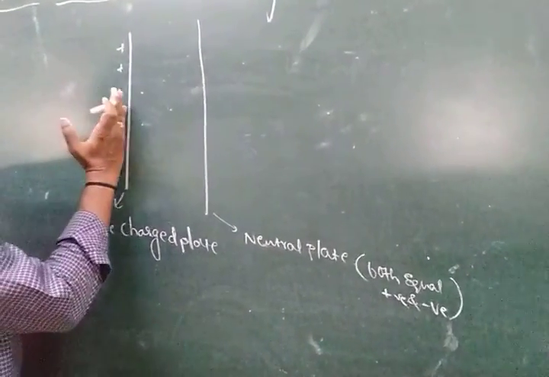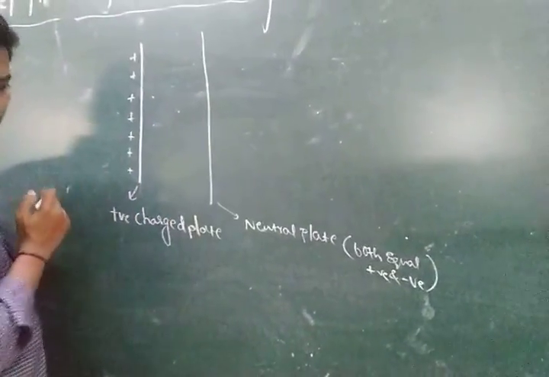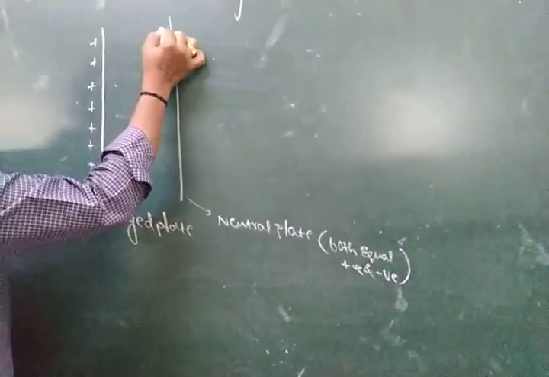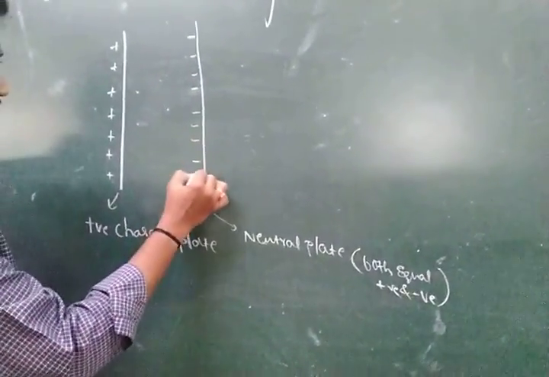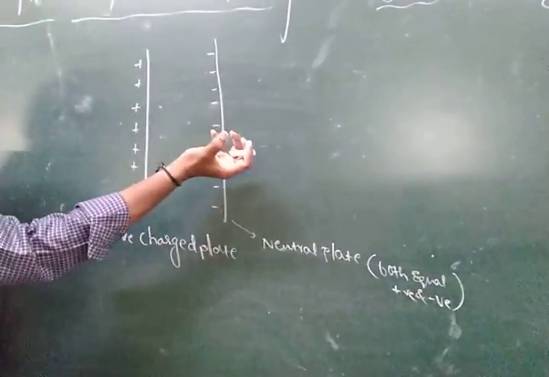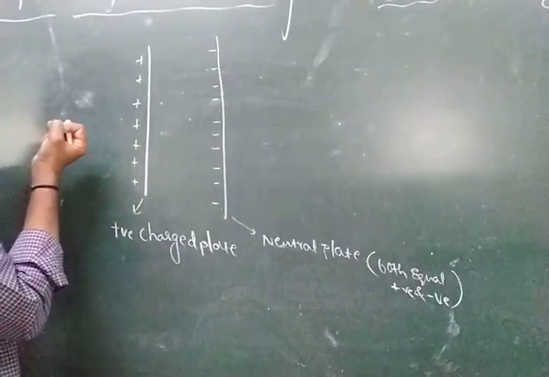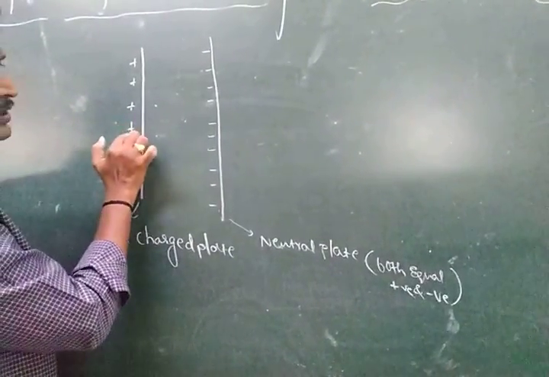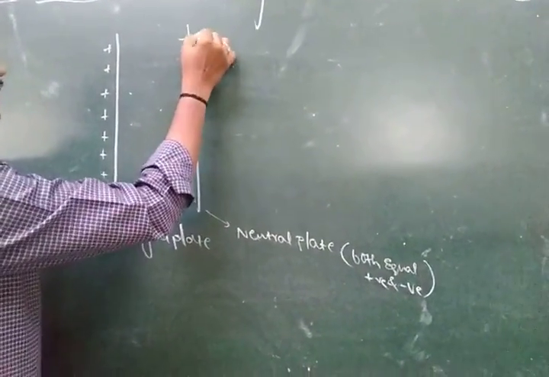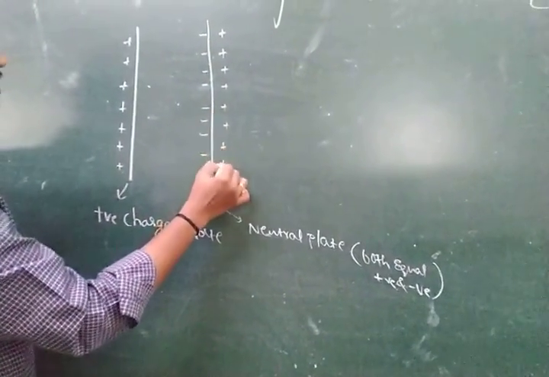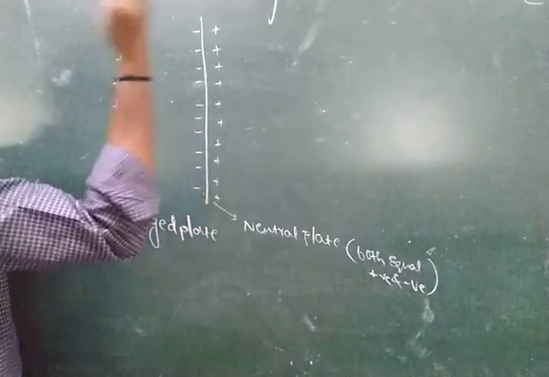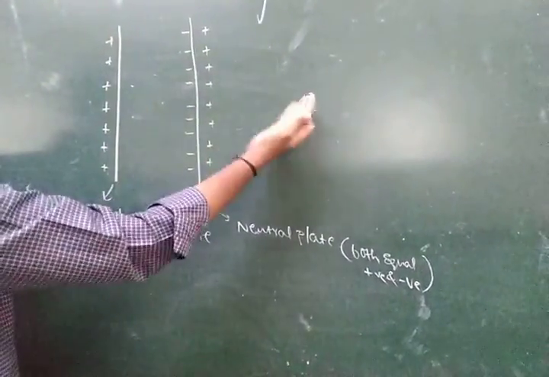Whenever this positive plate is kept near it, what happens? Negative charge is induced on the inner side. That means the positive charge pulls the negative charge to the inner side. Positive repels positive, so the positive charge is induced on the outer surface.